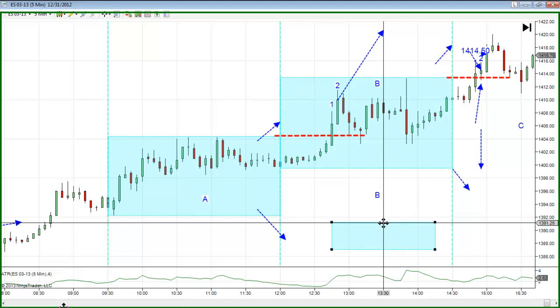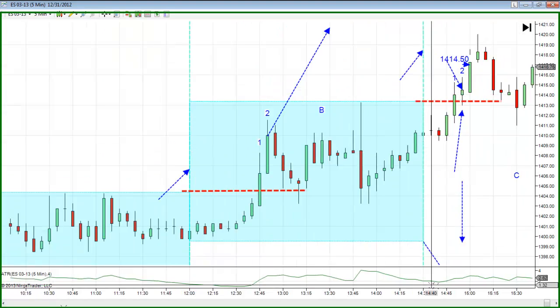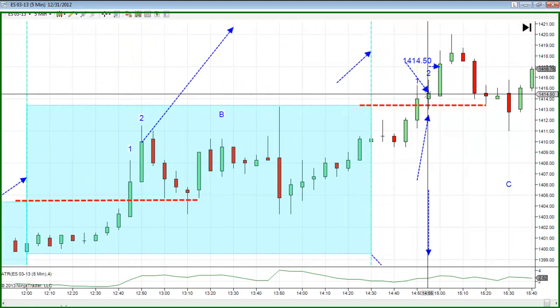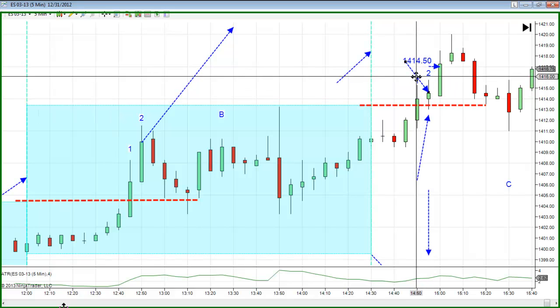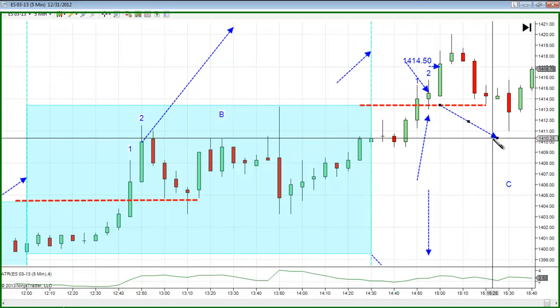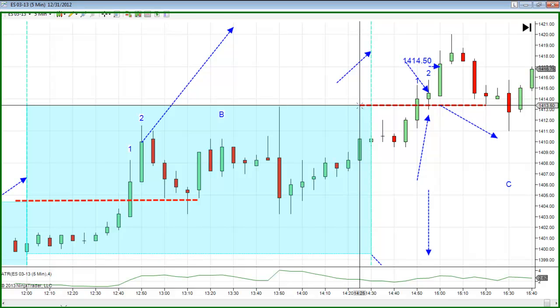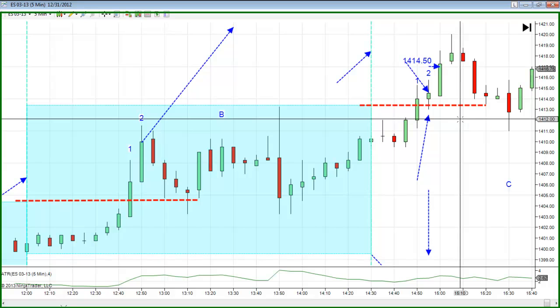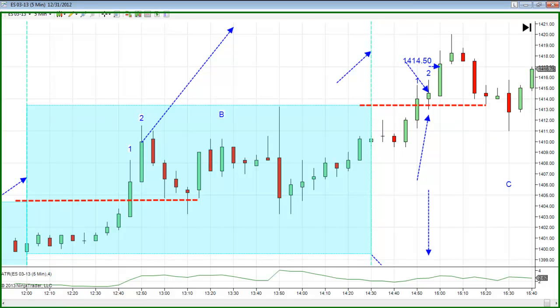It's maybe whipsawing back down. Whatever the case may be, I shouldn't be long. The same thing here, Mark, with this 14.14.50. If I'm going long here, a closing price below the high of B, 14.13 quarter, is proof enough that I should no longer be there. Okay, it's based off of proof.